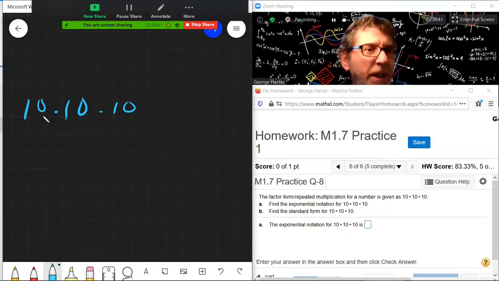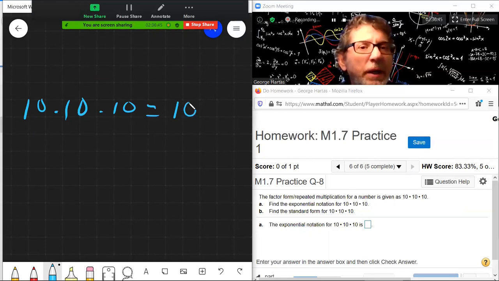Well, we know that 10 is the base, so it goes down here. What goes up here? It's the exponent. It's how many times 10 is multiplied by itself. Once, twice, 3 times. 10 is multiplied by itself 3 times.